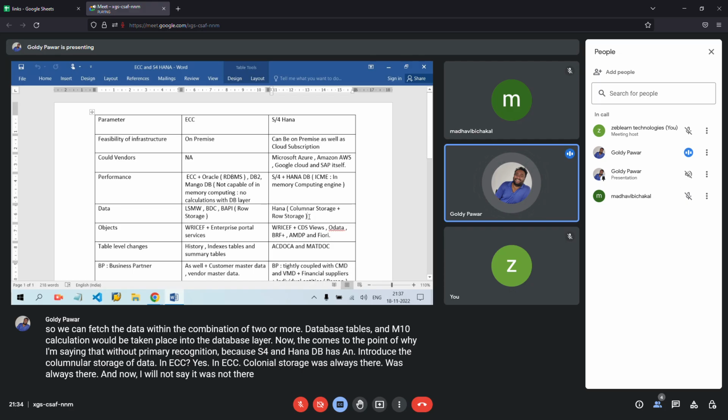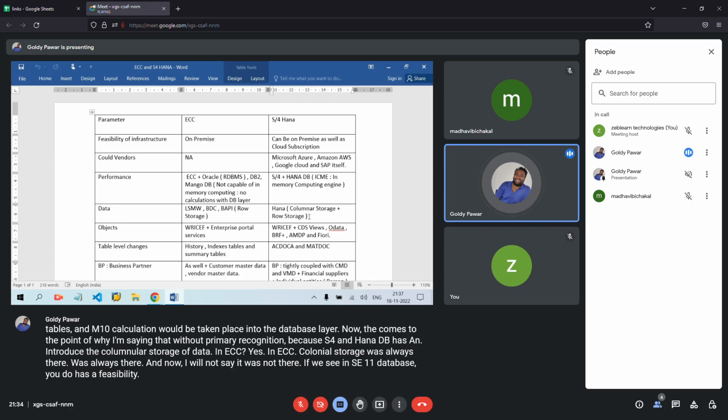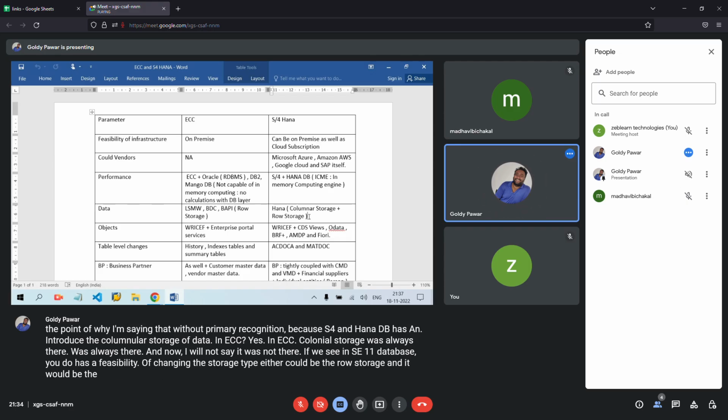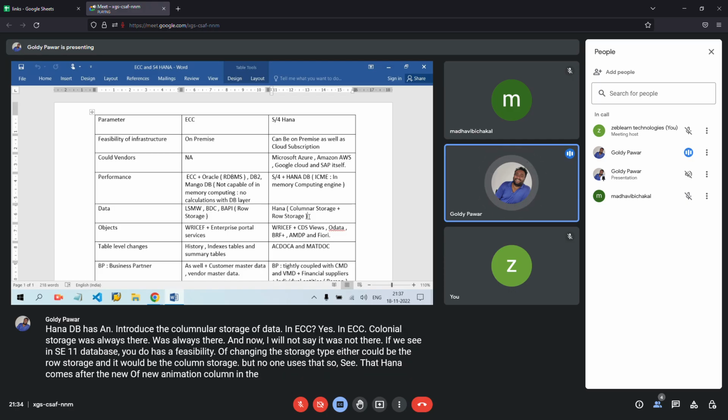If we see in SE11 database table, we do have the feasibility of changing the storage type. It could be row storage or columnar storage. But no one uses that. So we see that HANA comes up with a new architecture, columnar storage, but it was also available in ECC as well.